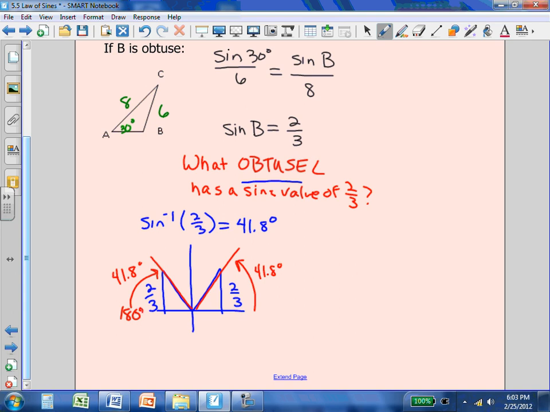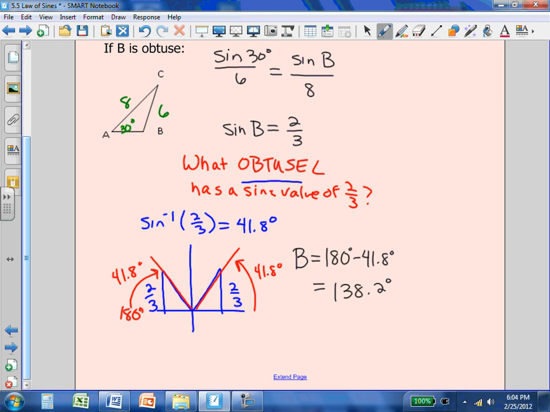So this time we're going to say that angle B is 180 minus that 41.8 degrees we had originally, which tells us that B is 138.2 degrees. Now that's completely different from what we had in the situation where we assumed that B was acute.